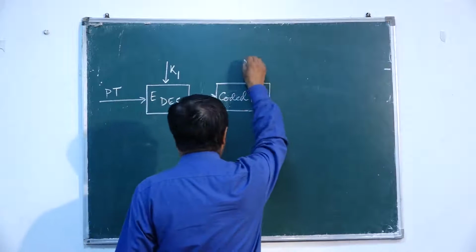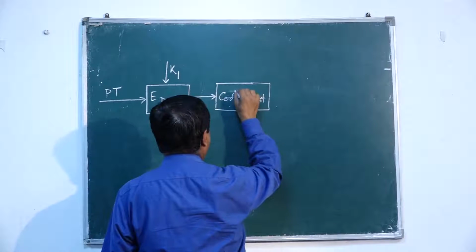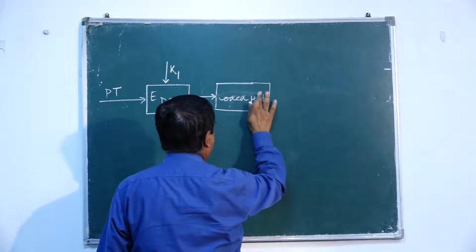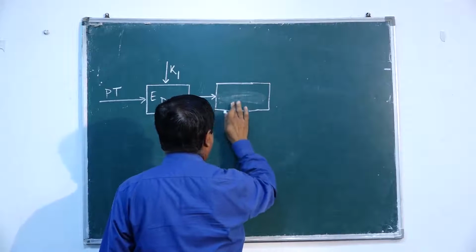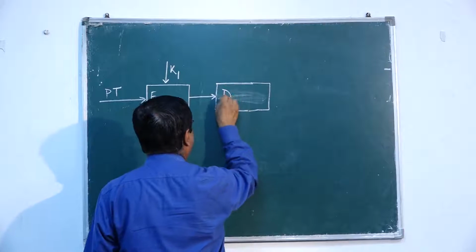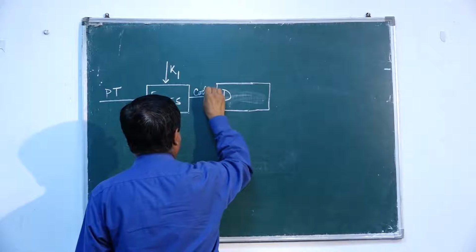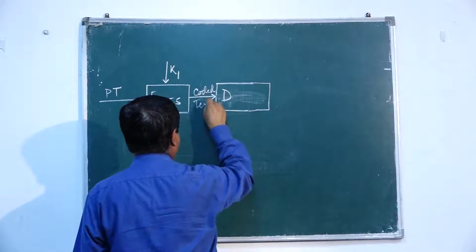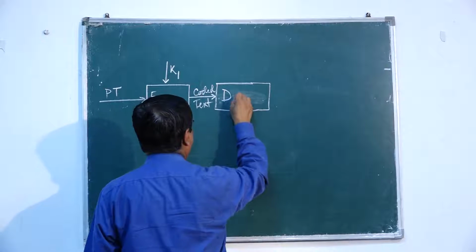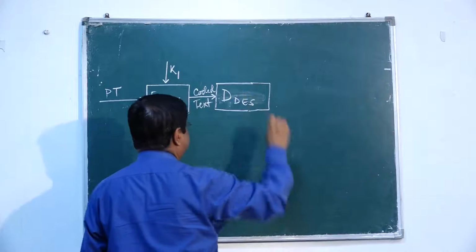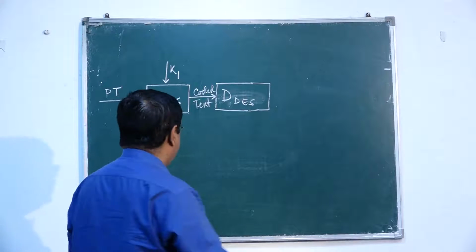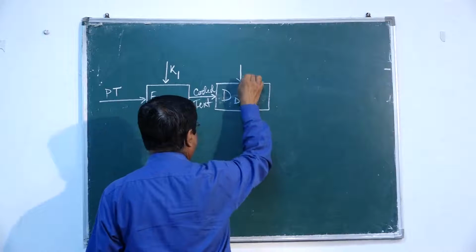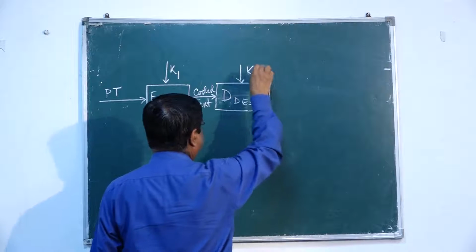Now, here again on this coded text we apply a decryption process, decryption DES, and here we use another key K2.